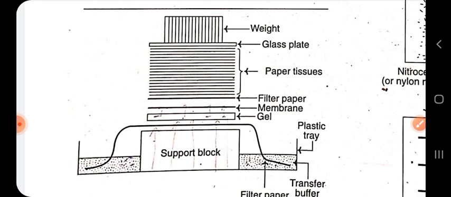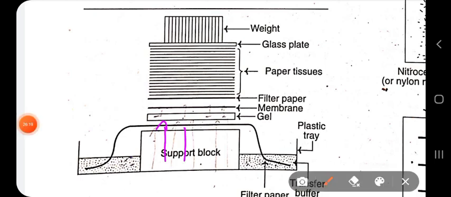The buffer will move by capillary action, as we have given a load on the top, so it will pressurize downward, and the liquid found here will move upward by capillary action, because there are pores inside this supporting block. There are pores in the gel, and it will move up to the nitrocellulose membrane, because above that there are no pore regions.